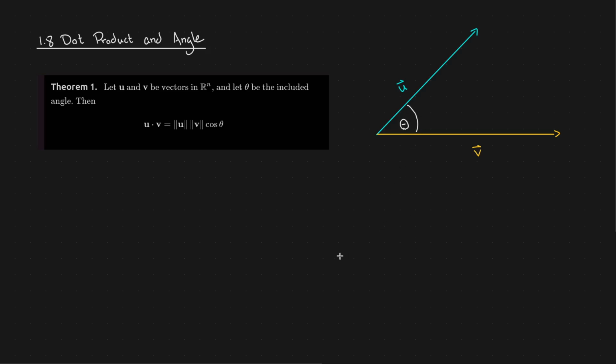There's the included angle, or the interior angle, and then there's the exterior angle, this one out here. Whenever we're talking about theta here, we're talking about the interior angle, or the included angle, which means it will always be 180 degrees or less.